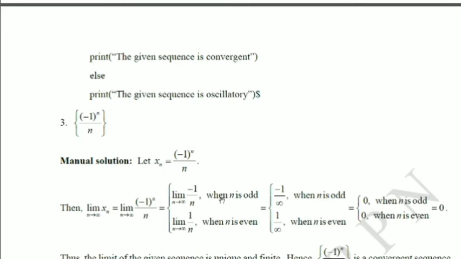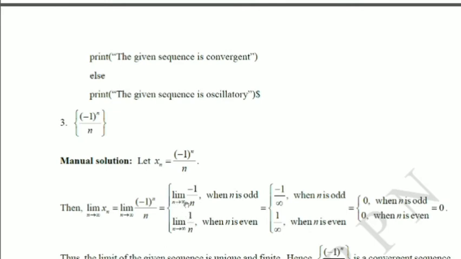When n is odd, minus 1 to the power of an odd number will be minus 1, so this becomes simply limit as n tends to infinity of minus 1 by n. And when n is even, minus 1 to the power of an even number will be 1, so this becomes limit as n tends to infinity of 1 by n.